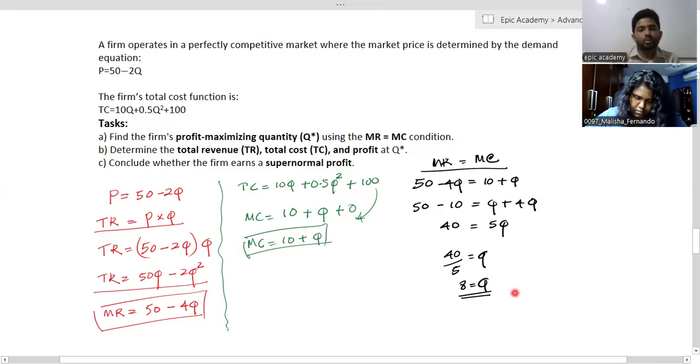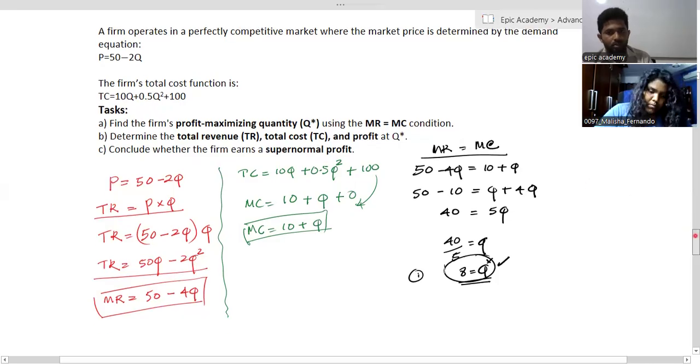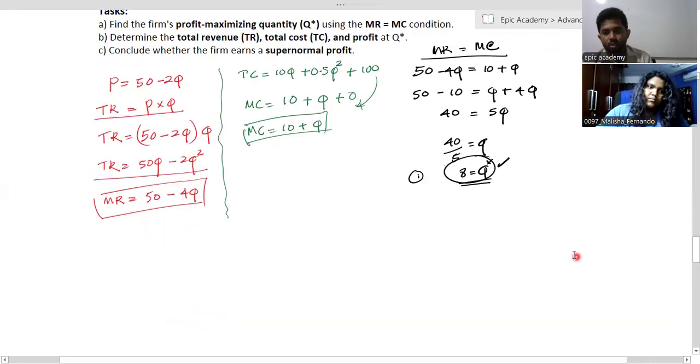So now find the firm profit maximizing quantity. Then Q star is just 8. Right. You put the value. And then what happened? They're asking, determine the total revenue and total cost. Are you okay with all those calculations?